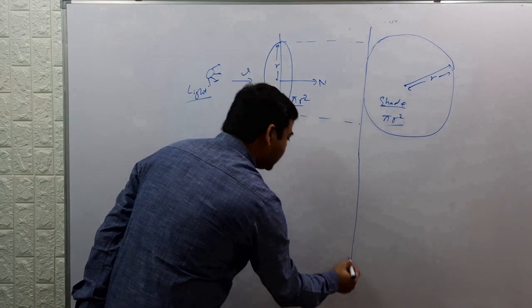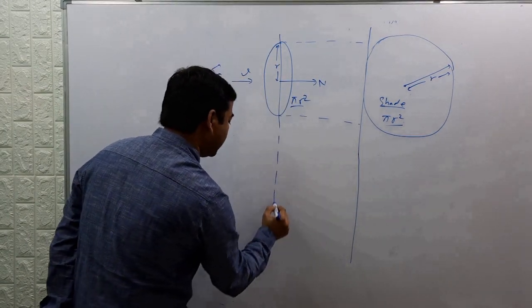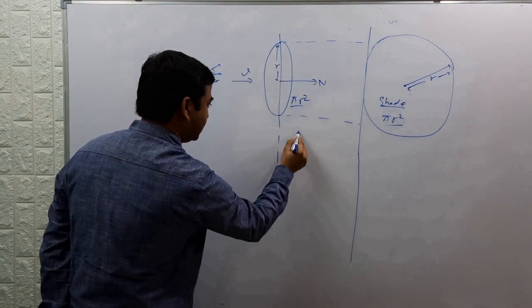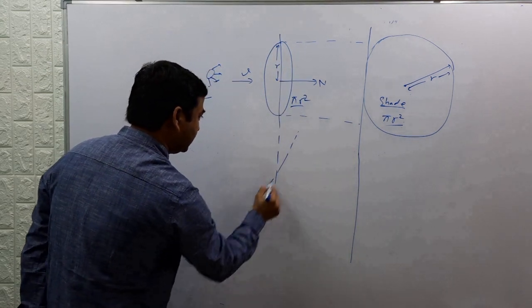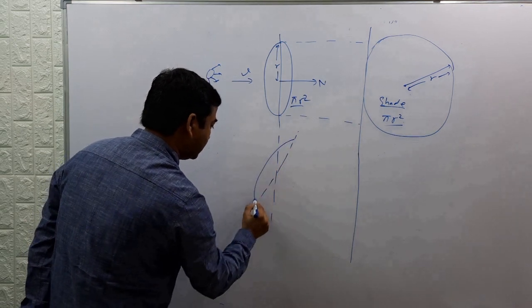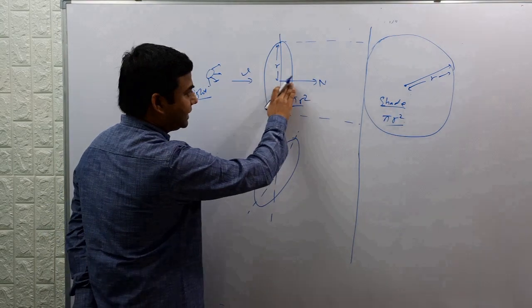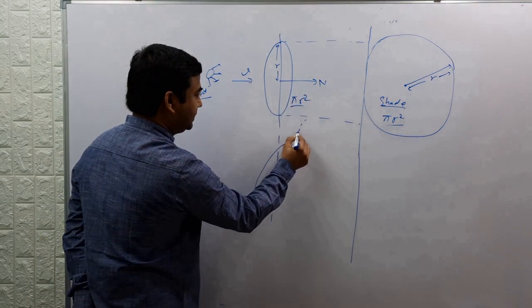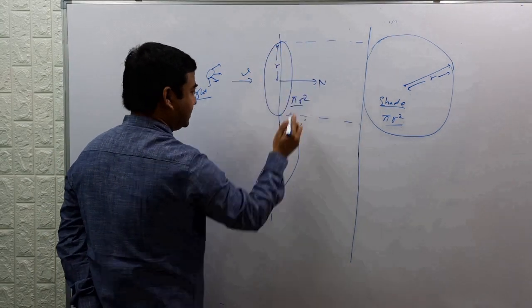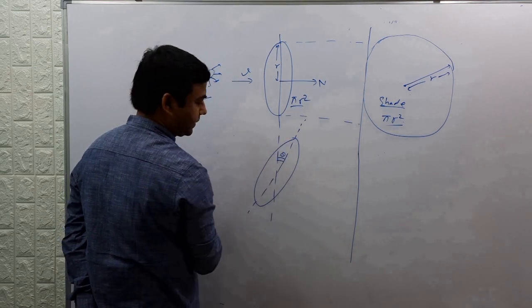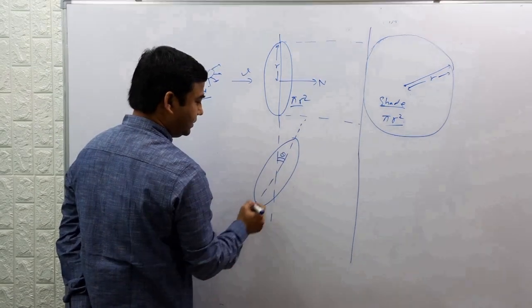Now you just tilt this circle from vertical. This circle has been tilted along this axis, so it makes angle theta from vertical.